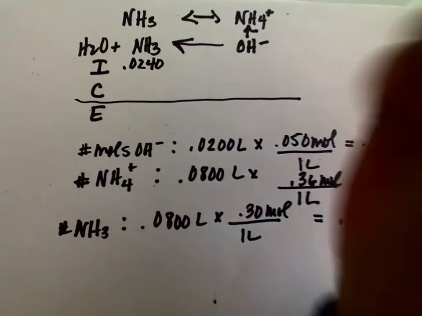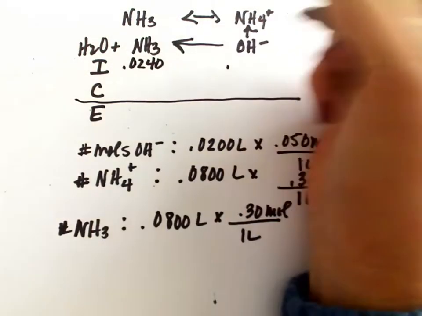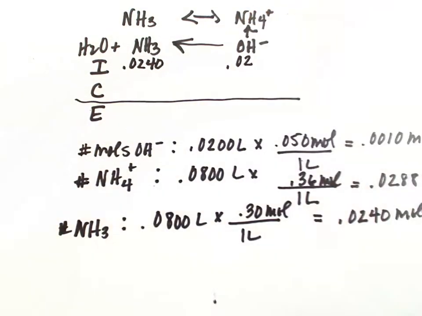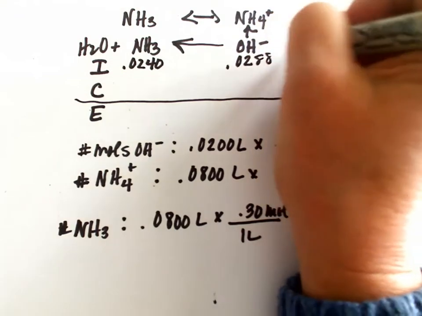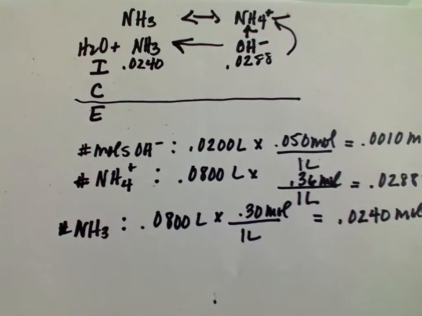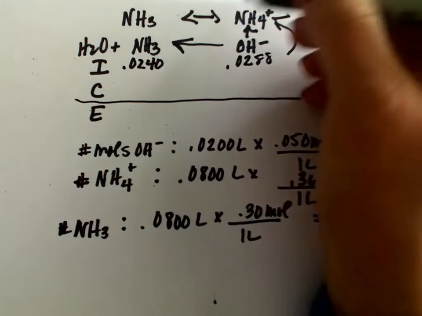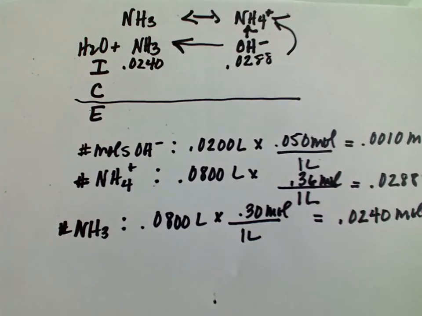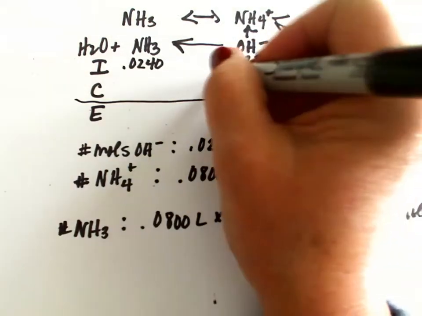So we have 0.0240 here. We have 0.0288, and this is moles of ammonia. So we already determined that ammonium ion will neutralize that hydroxide.